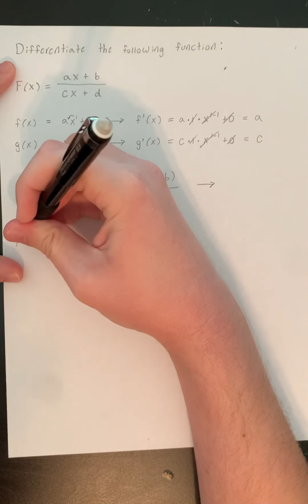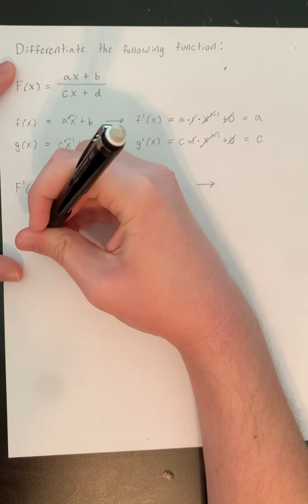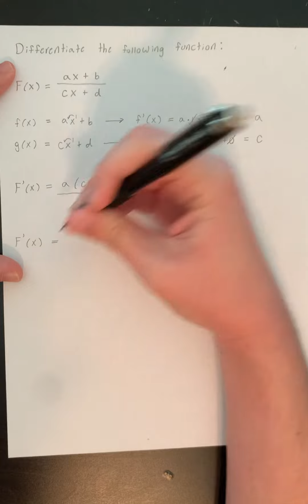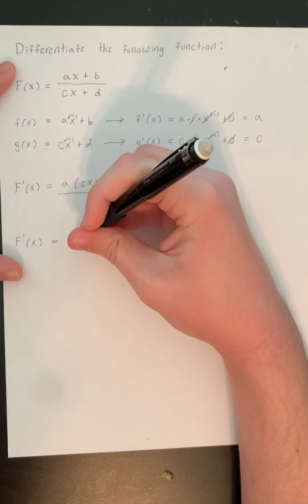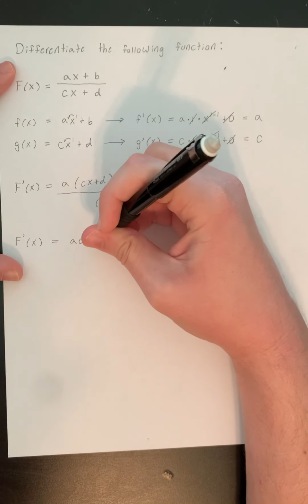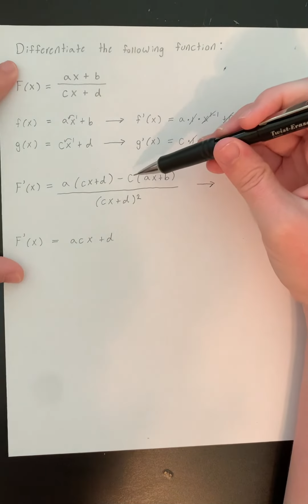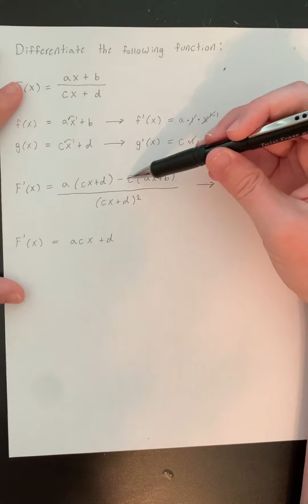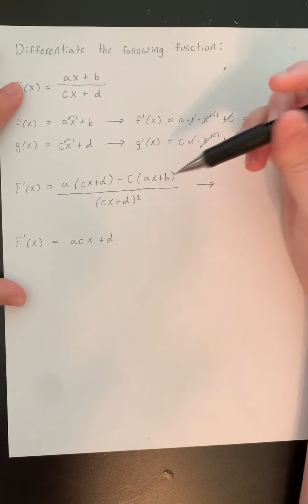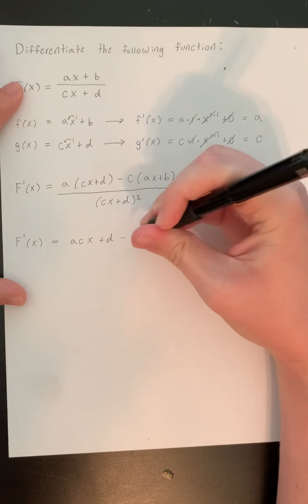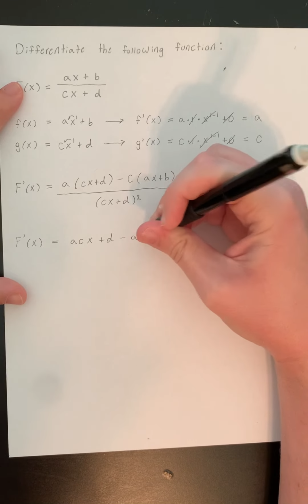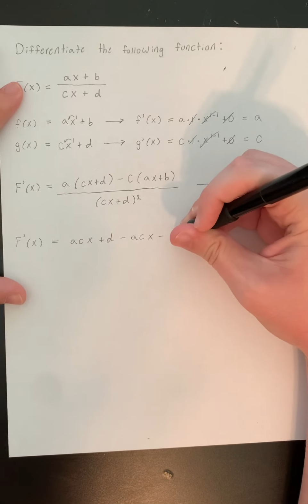Big F prime of x equals, we distribute the a, so that becomes acx plus d. And we distribute this negative c. It might be easier to think of this as a negative c because the negative is getting distributed as well. So this becomes negative acx minus cb.